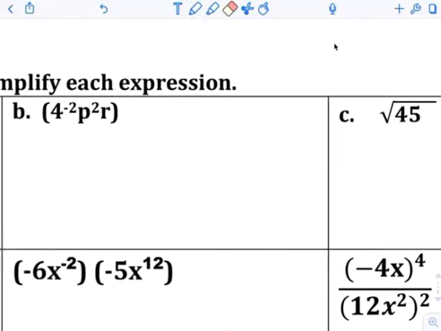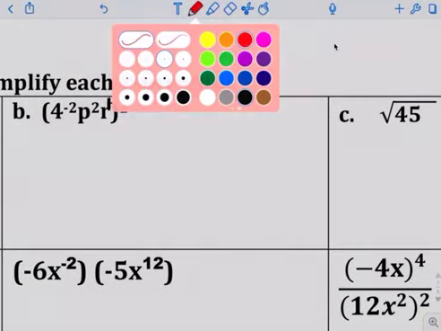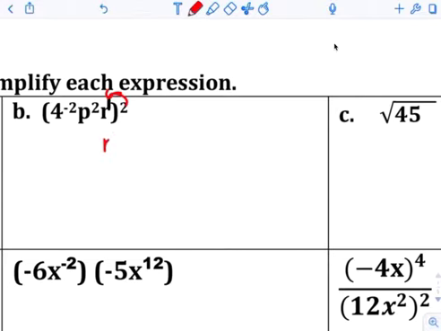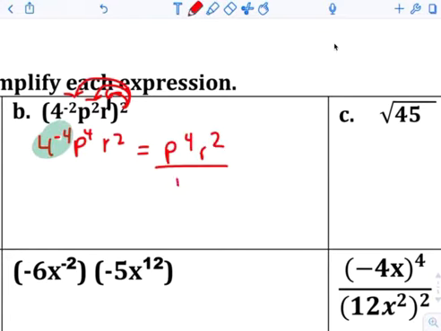Okay, distribute that. R gets a 1. So R to the second. P to the fourth. 4 to the negative 4. Okay, that means this one needs to go down to the denominator. 4 to the fourth, which is 16 times 16, I think.